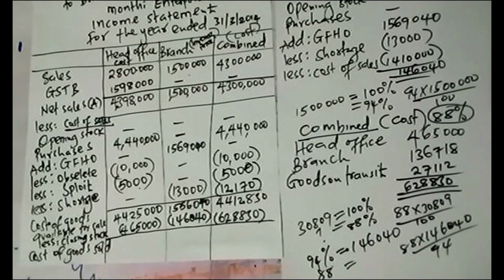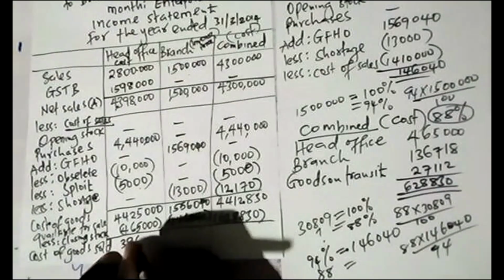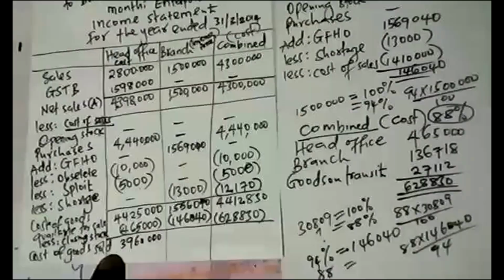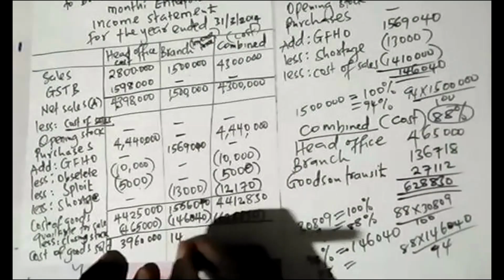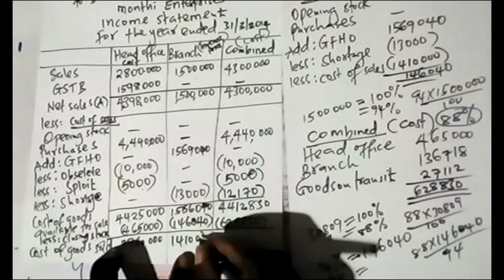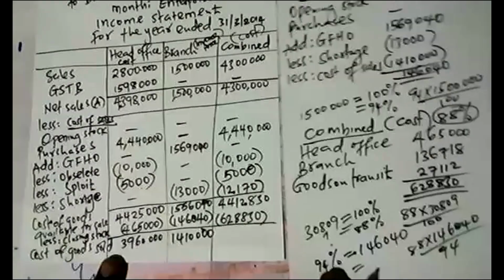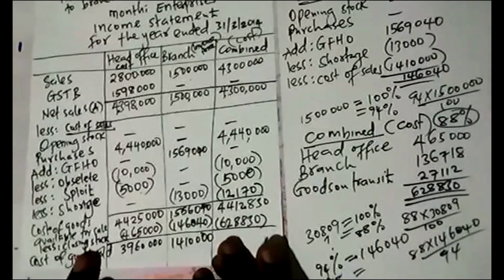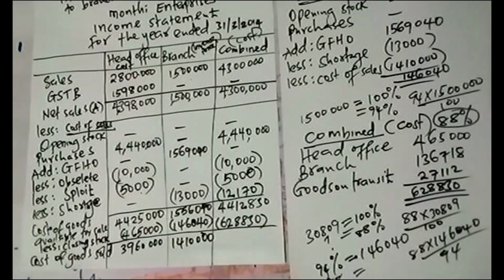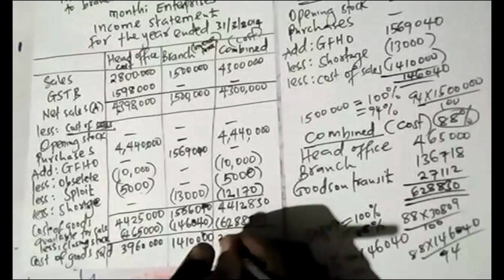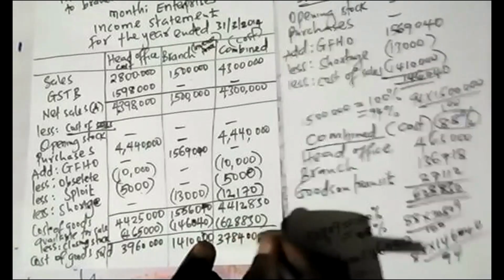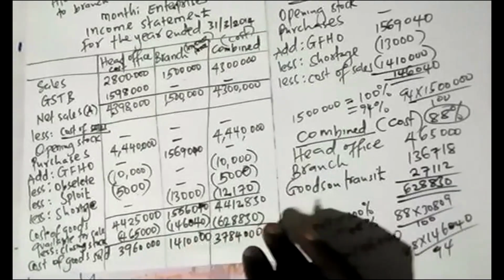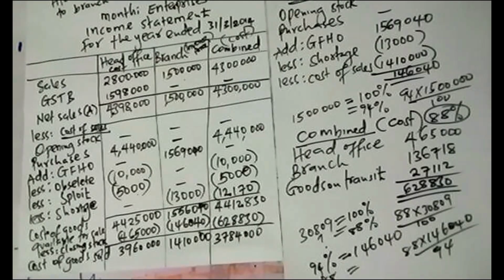So if I can do the first one, here I'm getting 3,960. The second one is 1,410. Then the last one is 3,784. Up to that point, that is fine.